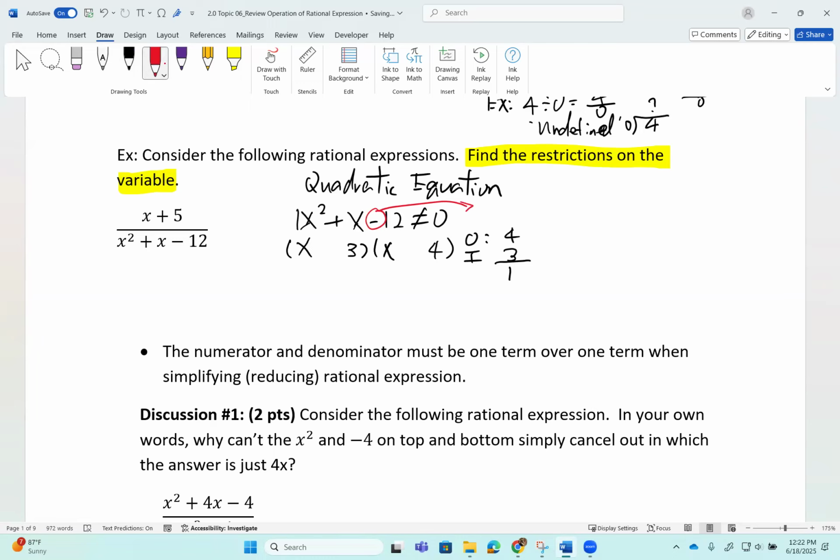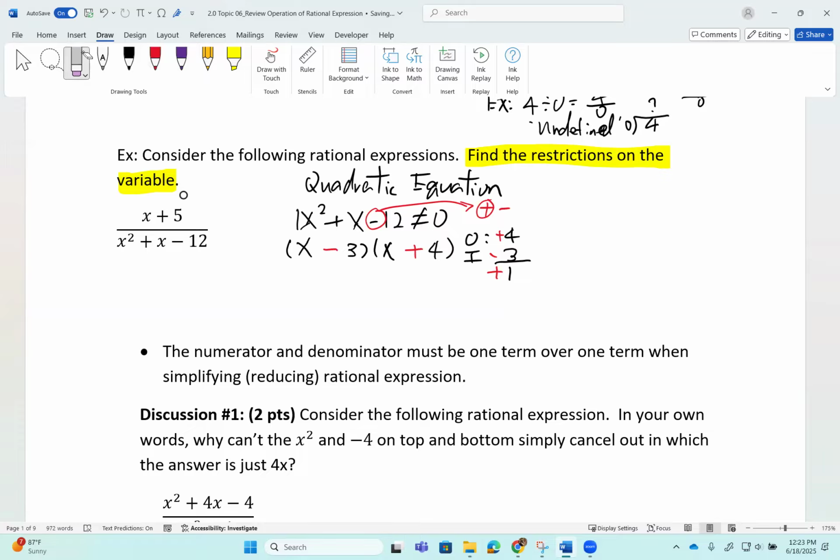The signs in the two parentheses will be 1 positive, 1 negative. Since my middle term is a positive 1, I have to give the positive to the bigger of the two, the inner and outer. So the outer has to be positive 4, and the inner has to be a negative 3. So to get a positive 4 on the outer, that will be 1 times positive 4. All right, the inner is negative.